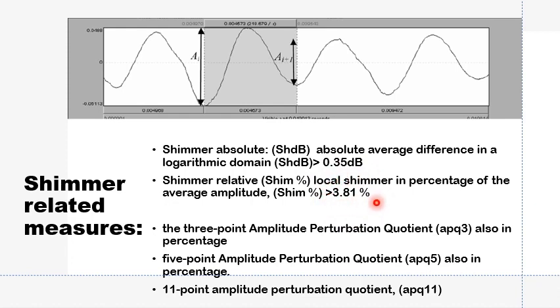There are other ways of measuring shimmer, including things like the 3-point or the 5-point or the 11-point amplitude perturbations, in which several cycles are used rather than just individual cycle variations to obtain the shimmer quantification.